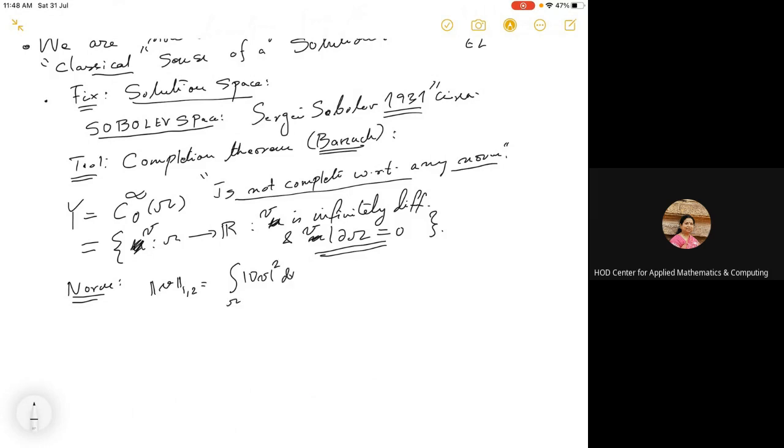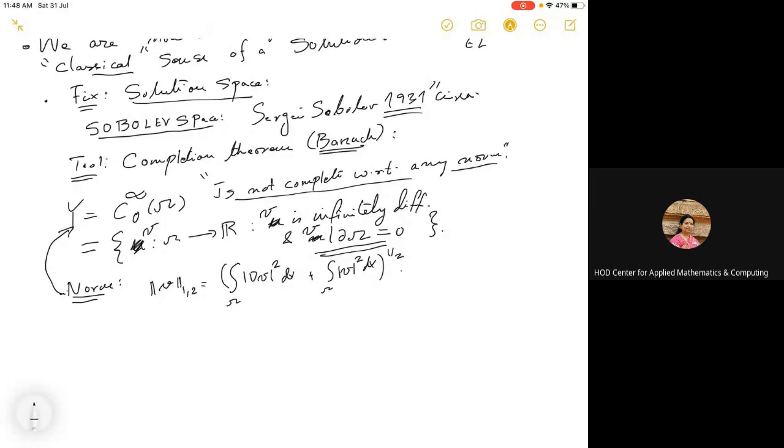So this is the norm with which it was found that this space is incomplete. Well, of course, this is incomplete with any norm, so this is just a particular norm.